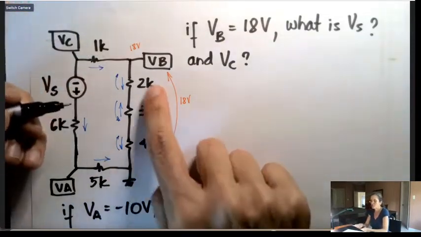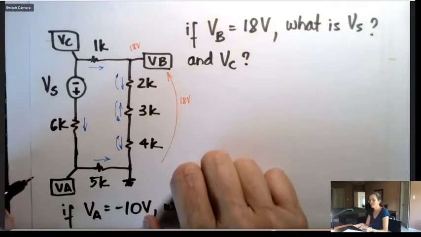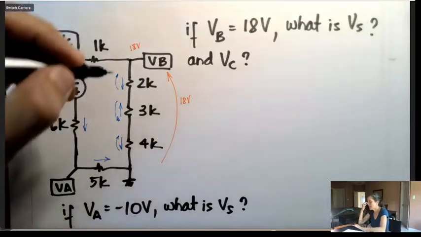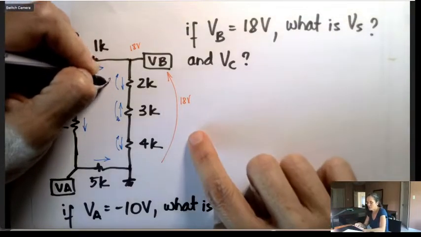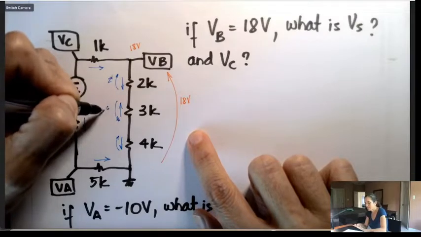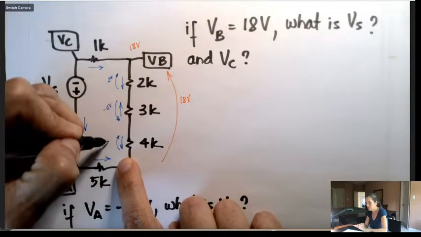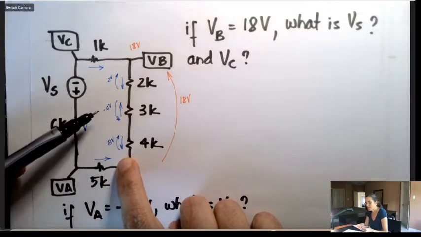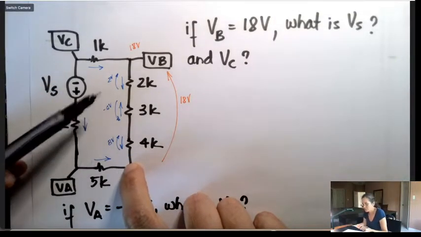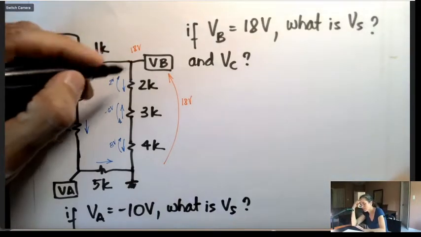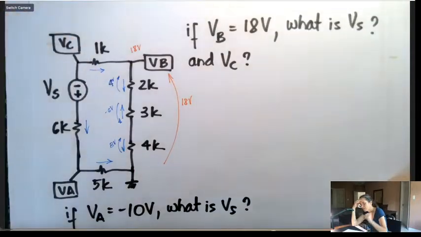If I told you the voltage across the 2K is 18 divided by 9, like 2 volts. So there's a chance this would be 2 volts. Across this would be minus 6 volts, and this would be 8. Is that true? 8 plus 6 is 14 plus 6, 16. So, no, there's something wrong. Oh, this is 4 volts.